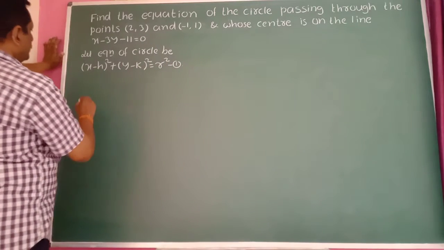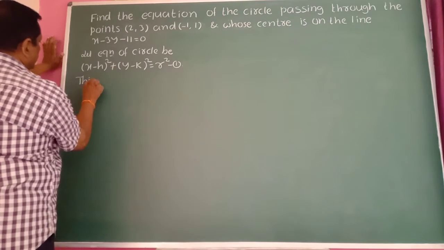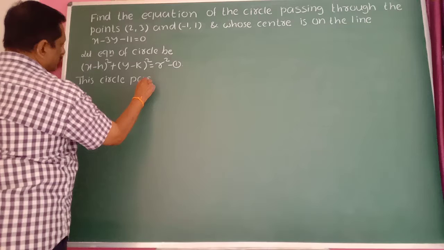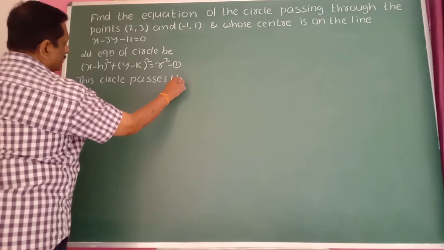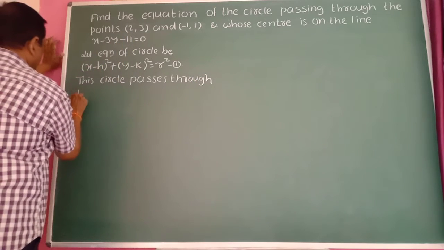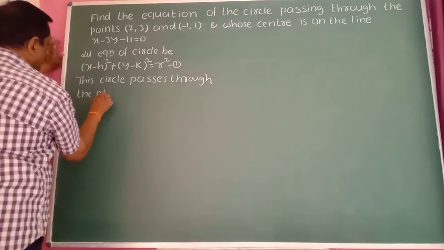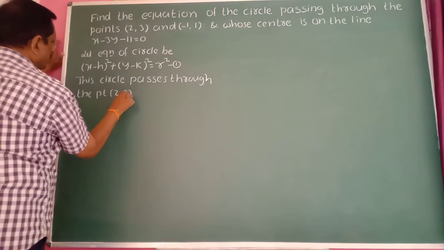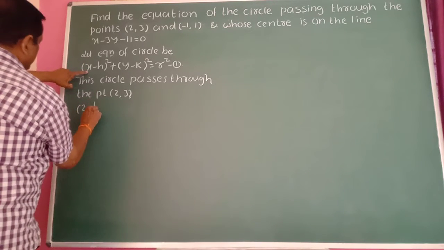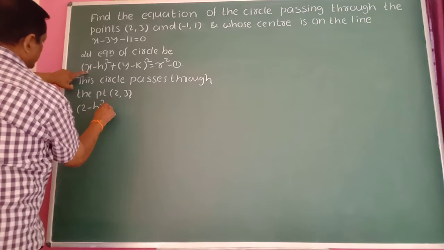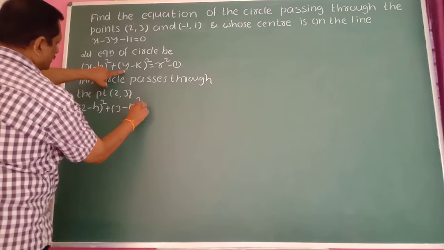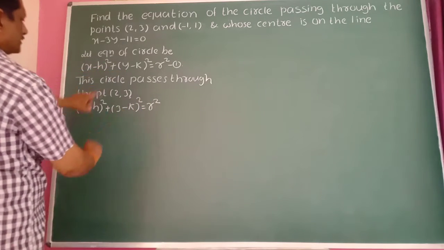This circle passes through the point 2, 3. Therefore substitute x value here: 2 minus h whole square plus y value 3 minus k whole square is equal to r square.